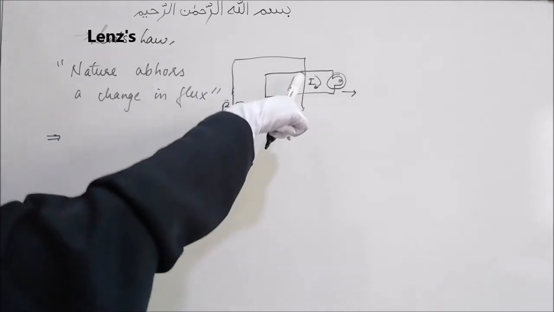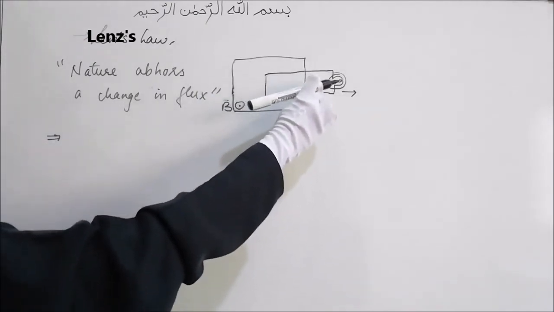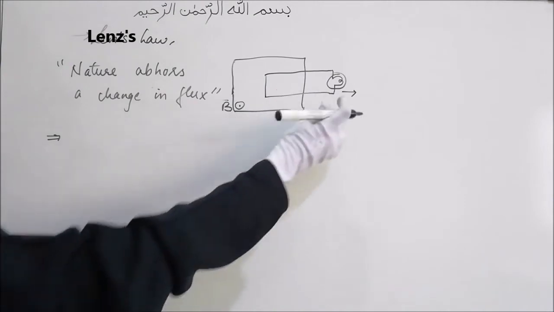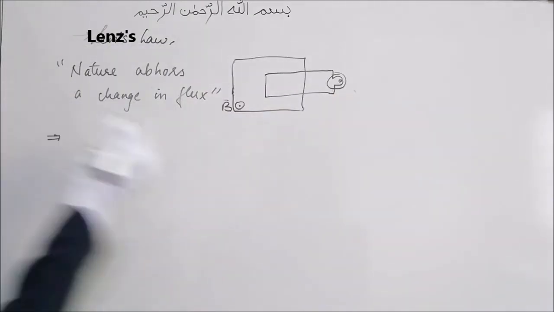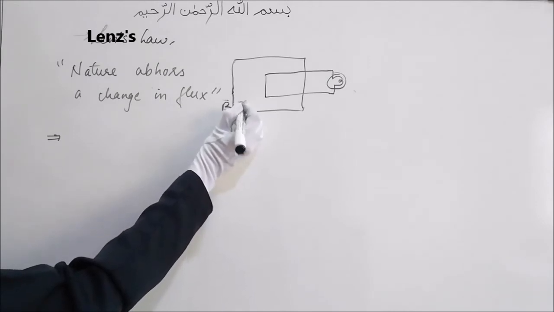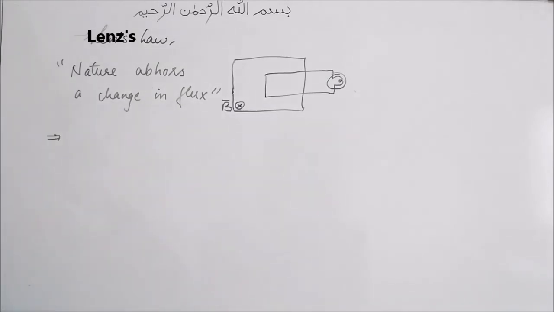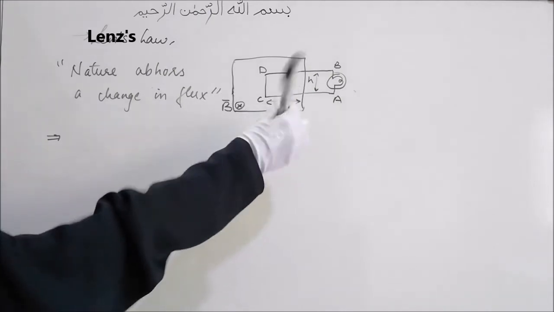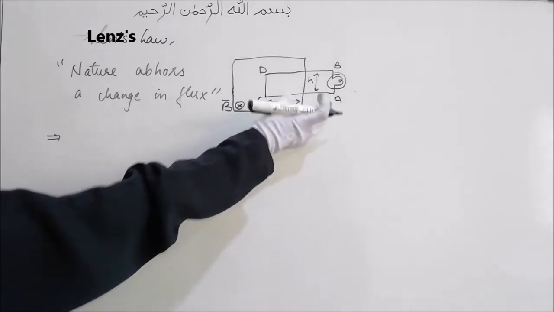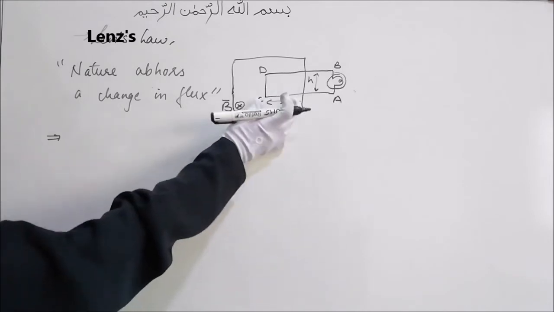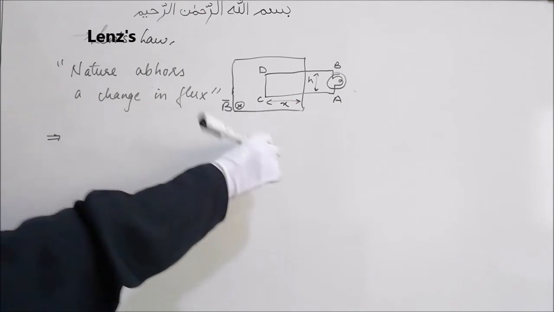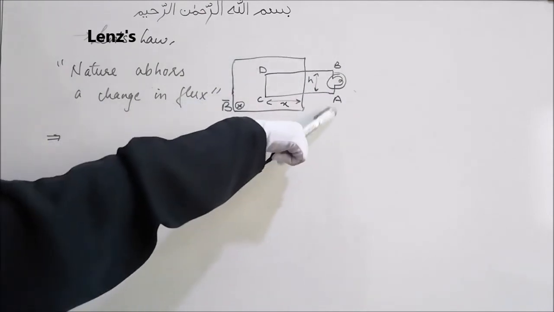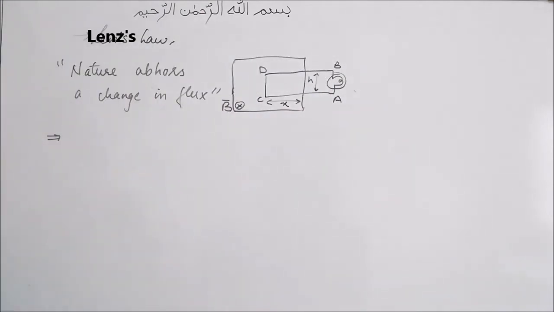Let's consider this loop which is present in a magnetic field which is moving into the plane. Let the amount of length of the loop inside be x, this height is h, magnetic field is going into the plane, and we are calling this loop ABCD or ABDC.